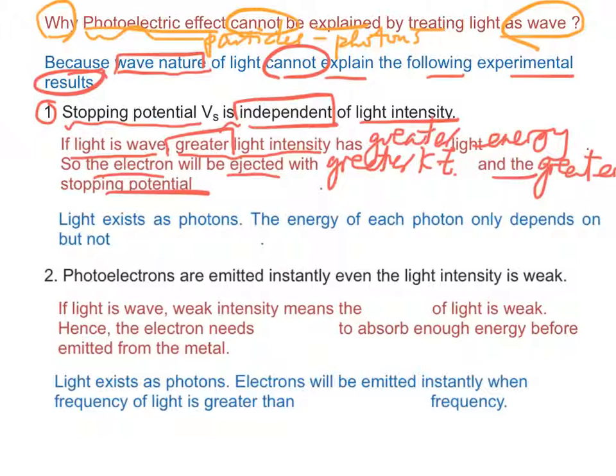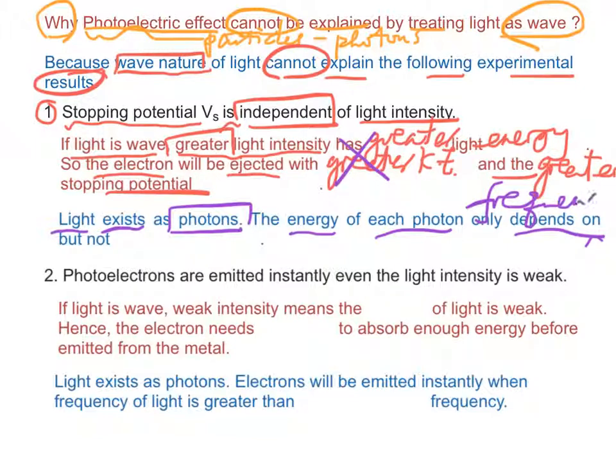However, this is not true in the experiment. Only when light exists as photons is the energy of each photon dependent only on the frequency, but not on the intensity of light.